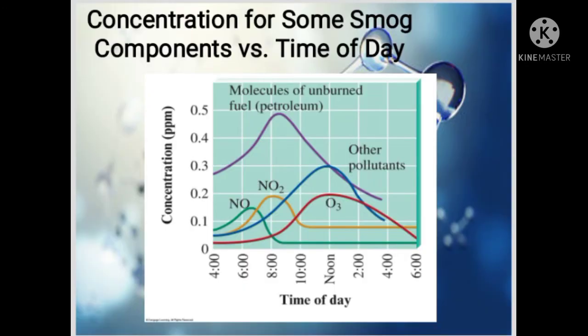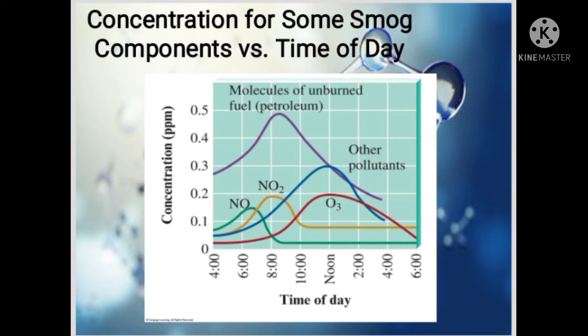So we have here the concentration for some smog components versus time of day. So we have the graph, on the other side, the concentration: 0, 0.1, 0.2, 0.3, 0.4, and 0.5.